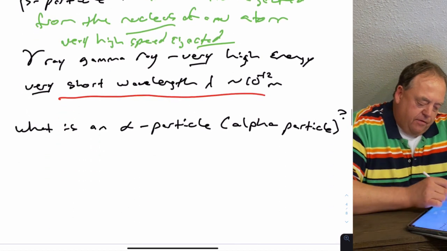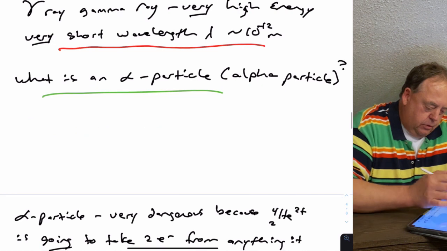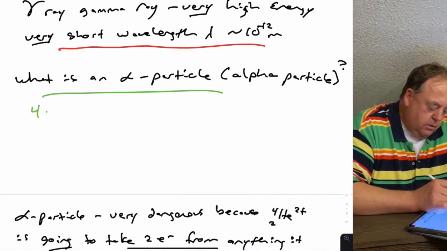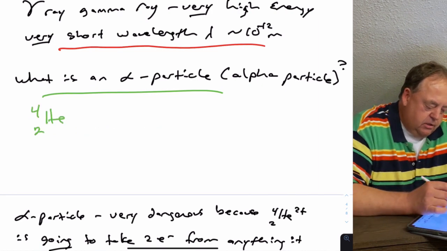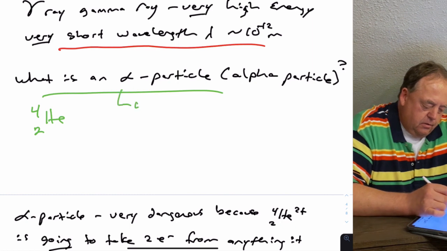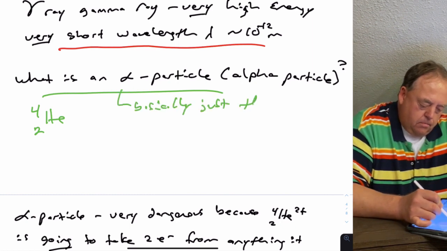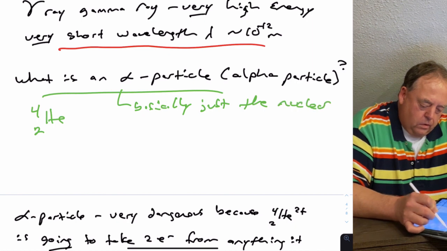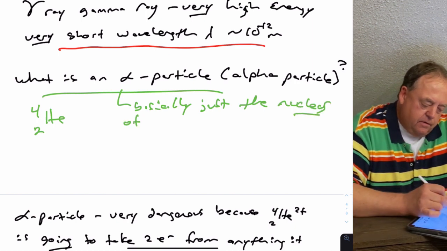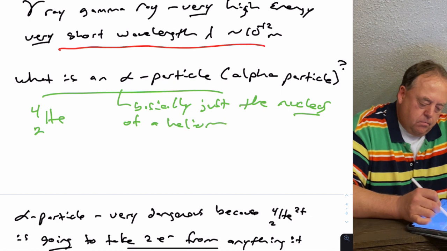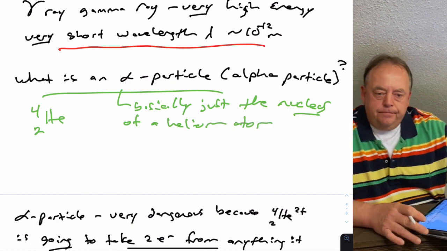And so what is an alpha particle? The symbol is this. It's basically just the nucleus of a helium atom.